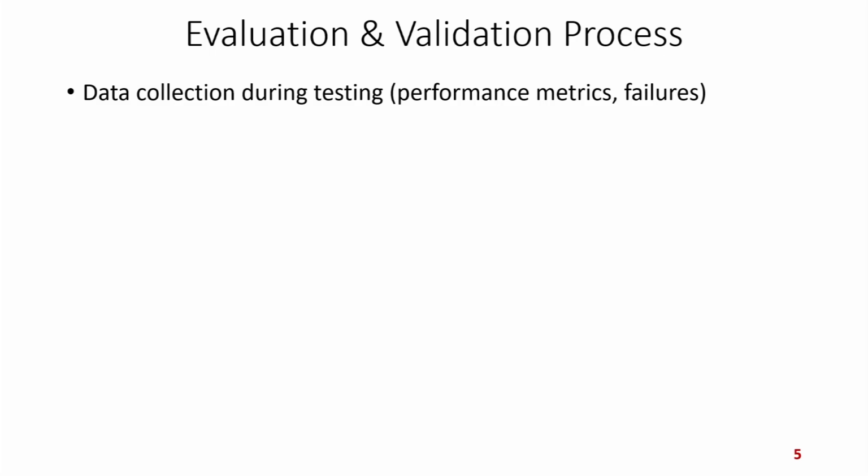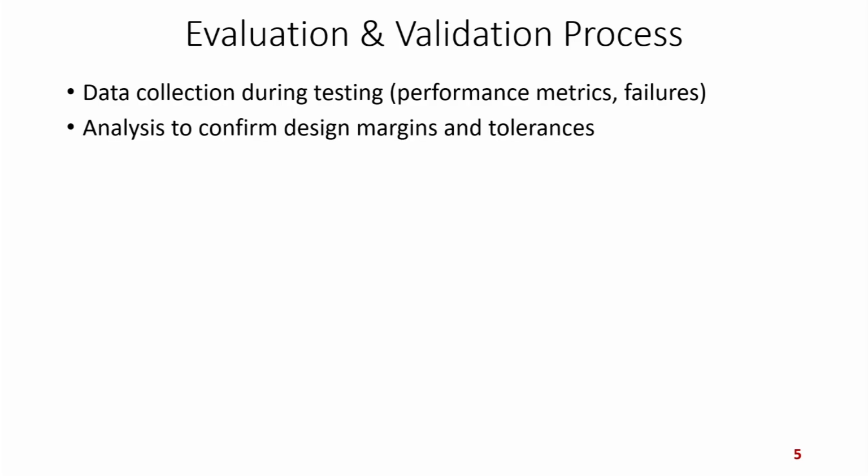All those detailed performance data form a database, which tells you what the performance is and whether any failures are there or not. That data is used to analyze and confirm whether the design margins and the tolerances are there or not, so that you can ascertain whether the system will work or not.